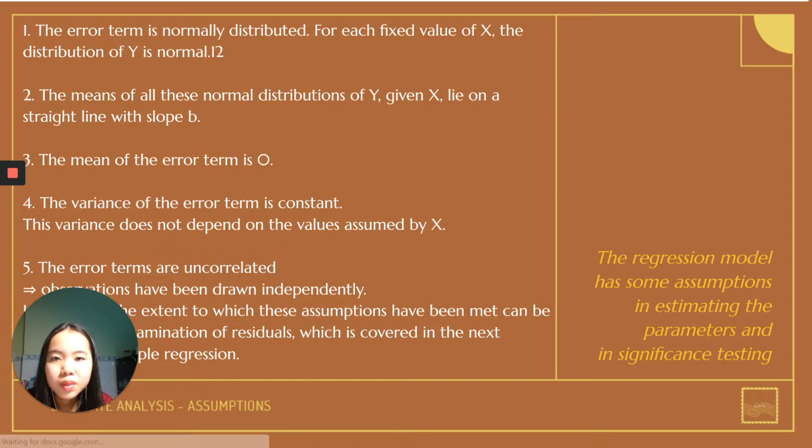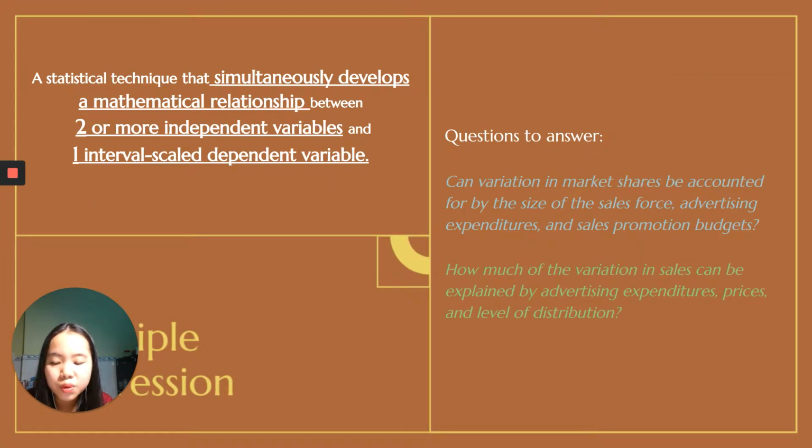The next thing is multiple regression. It is a statistical technique that simultaneously develops a mathematical relationship between two or more independent variables and one interval-scaled dependent variable.